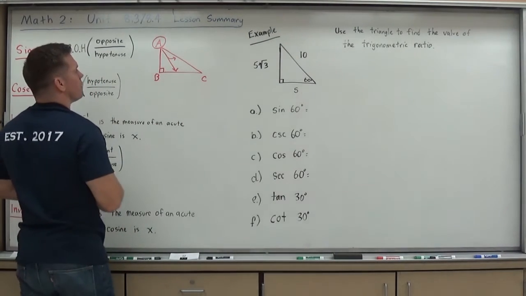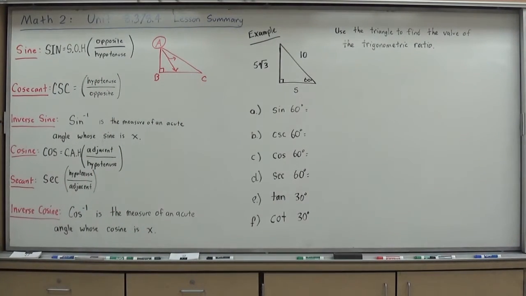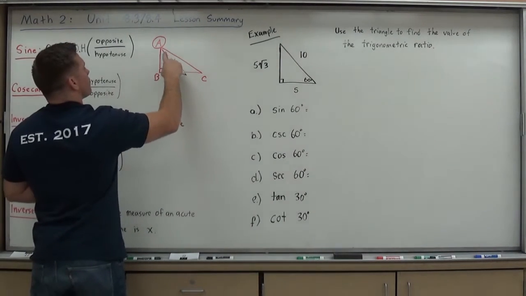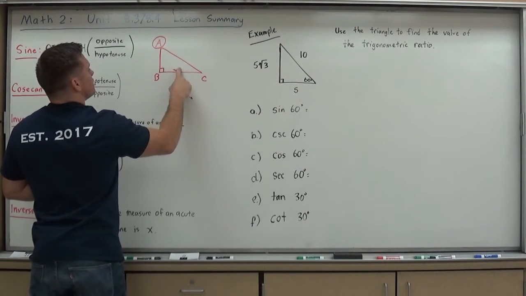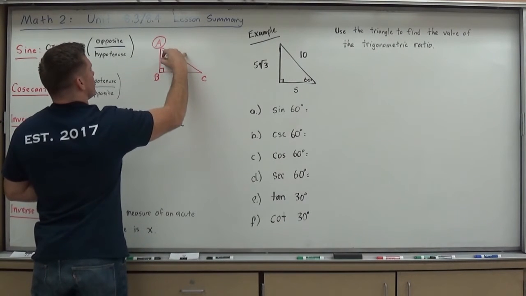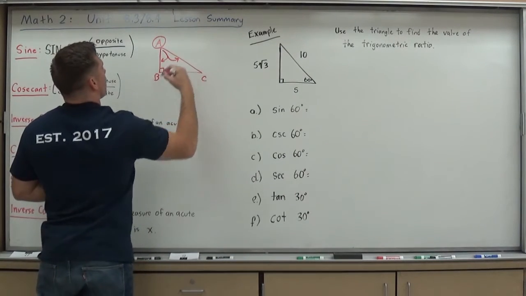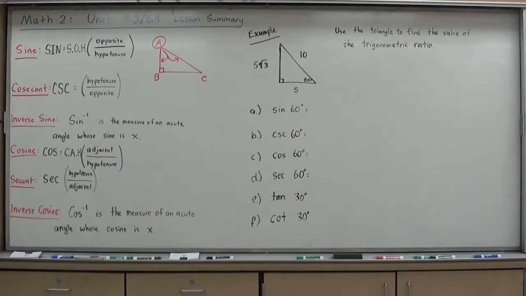If I said let's find the cosine of A, that's supposed to be the adjacent side, non-hypotenuse, over hypotenuse. And so it's just a different trig ratio really.